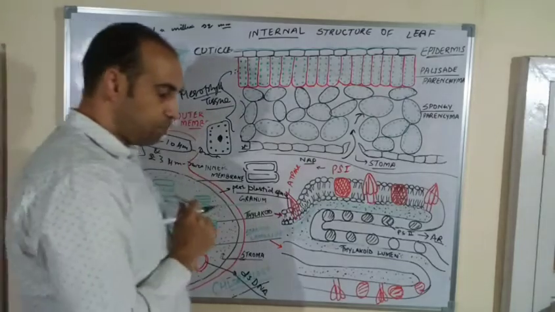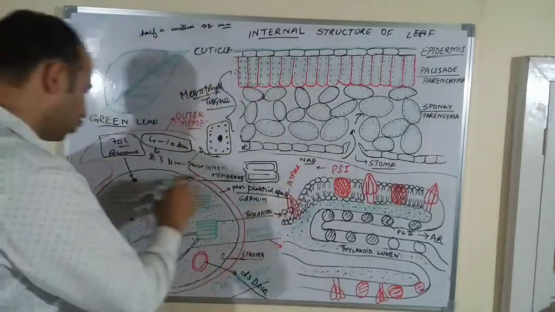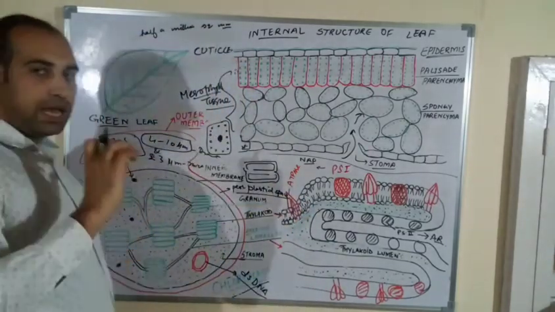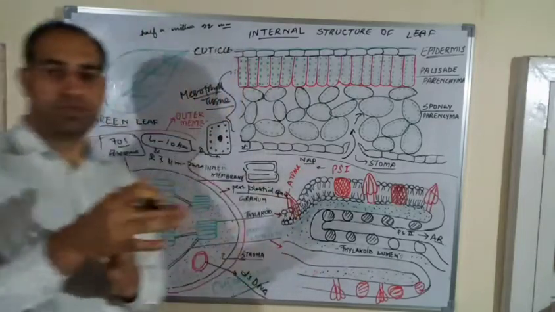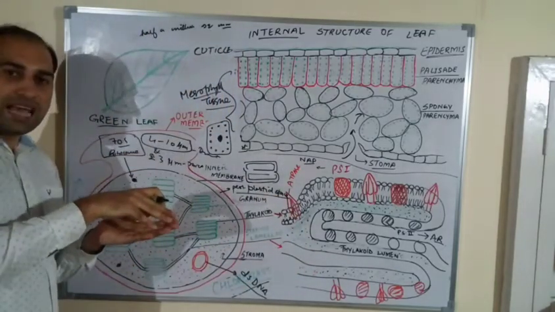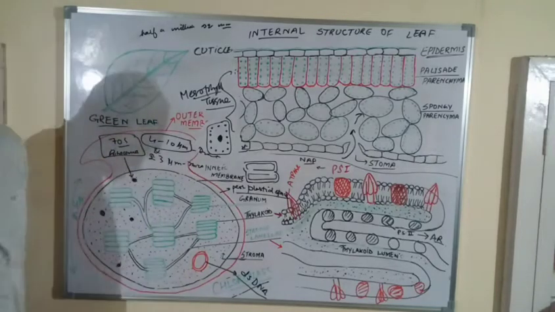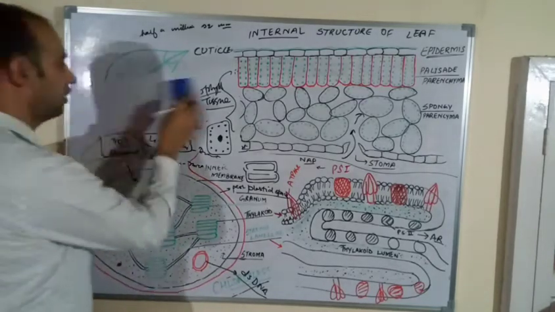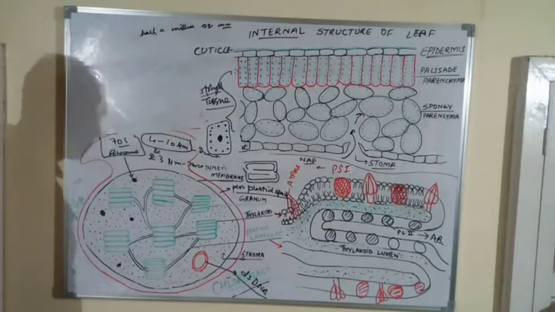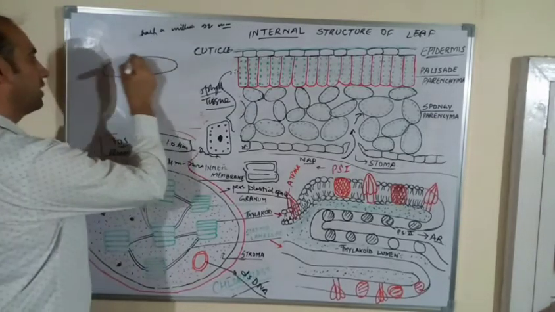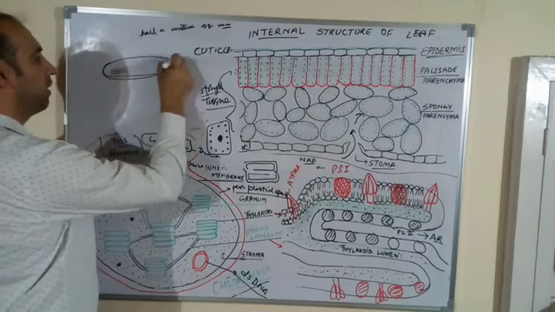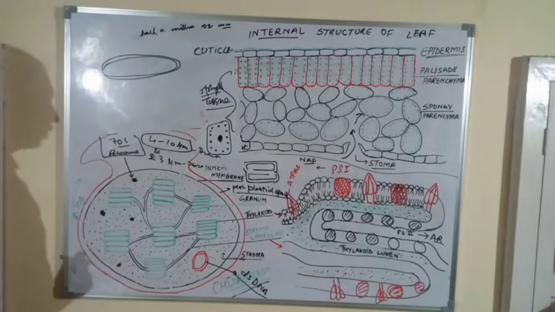Inside the stroma there occur flattened sac-like structures that are known as your thylakoids. A thylakoid is a sac-like or vesicular membrane-bound structure.